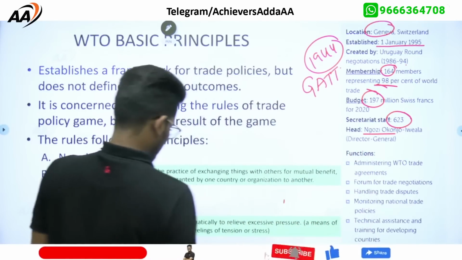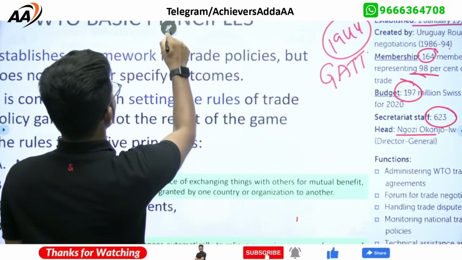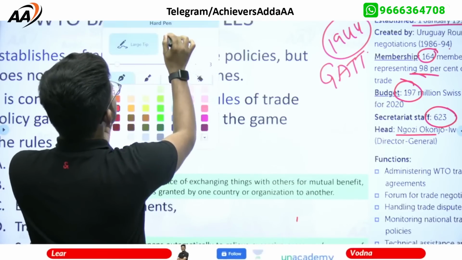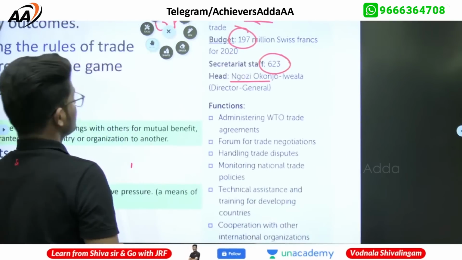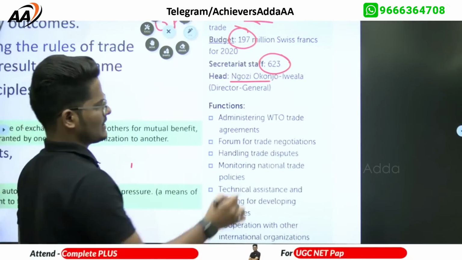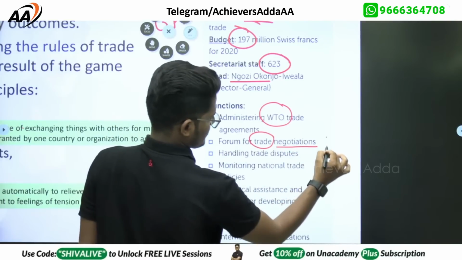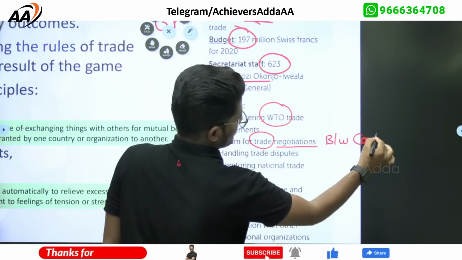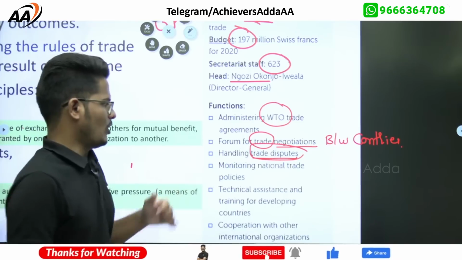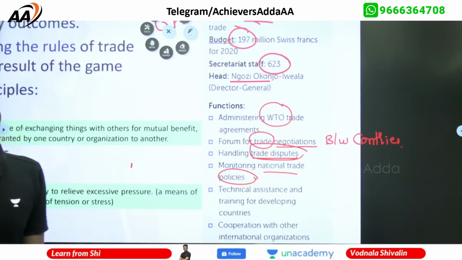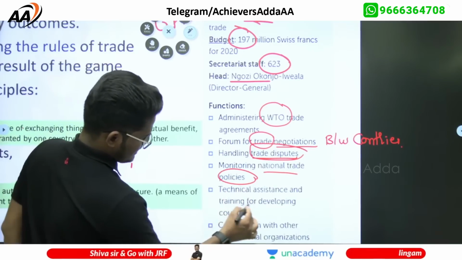And what are the functions of this WTO? Functions are to administer the WTO trade agreements, a forum for trade negotiations between the countries, handling trade disputes if any dispute is happening between the countries, monitoring national trade policies, and technical assistance and training for developing countries.